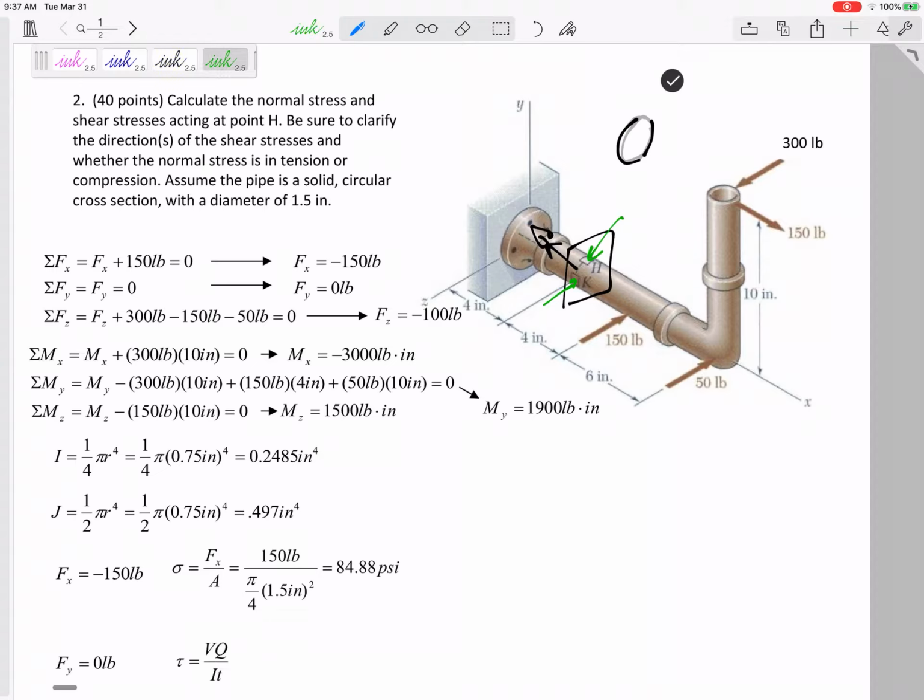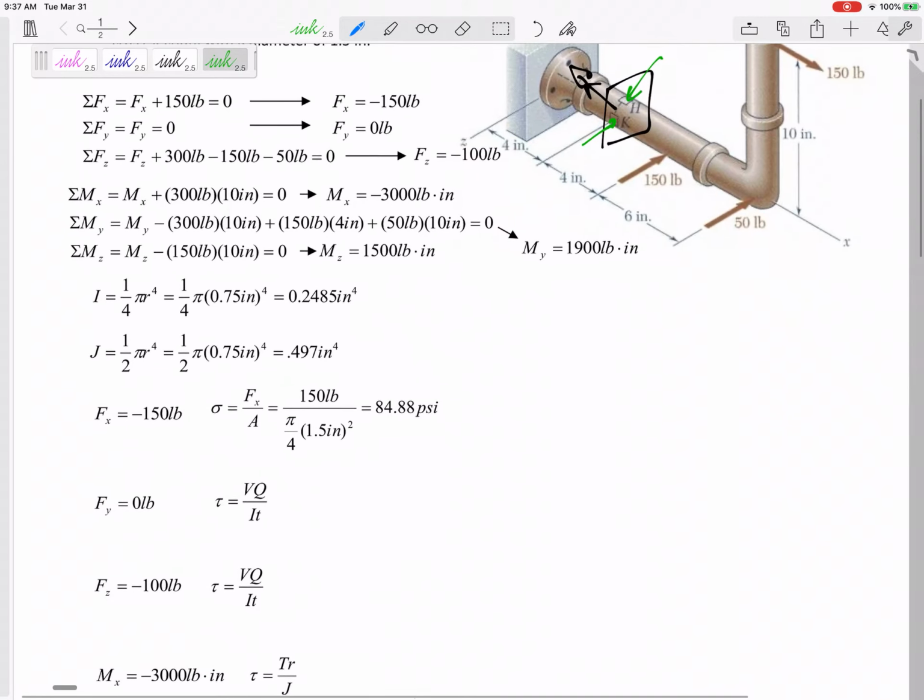Here's my circle, and we're looking at point H on the top, not looking at K, but we could have looked at any point on this cross section. For the normal force and the normal stress, it didn't matter.